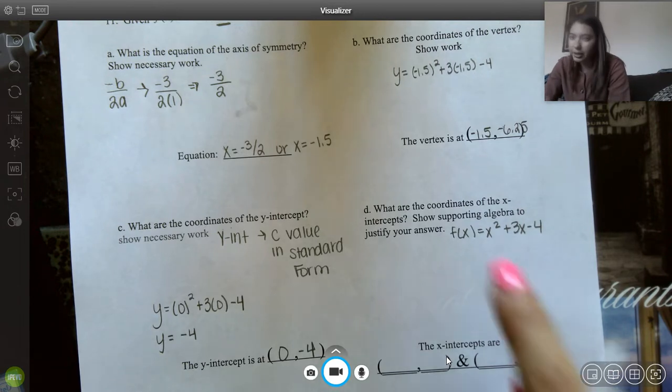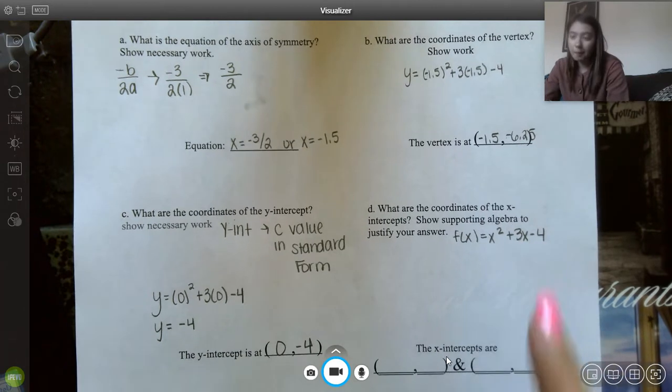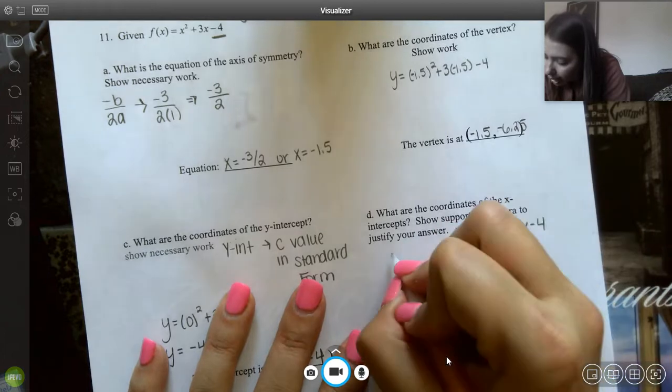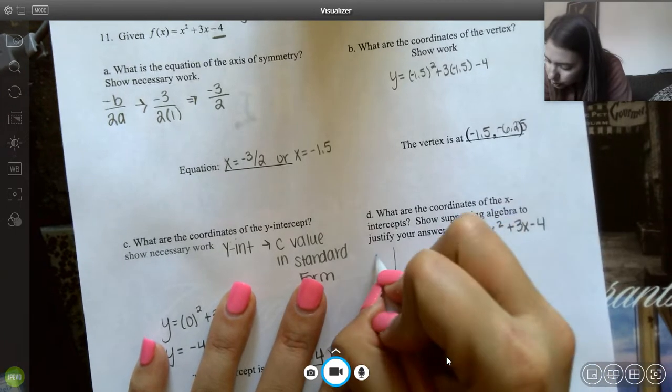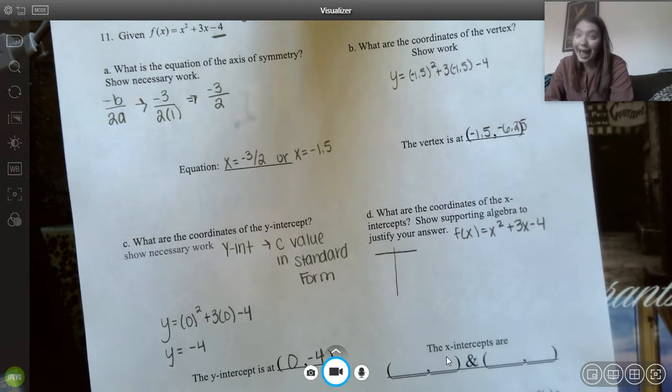It does not look like we could solve by square roots because we do have a b term. So the best method, probably the best practice, is to try and factor it. And if that doesn't work out, then you can use the quadratic formula. Okay? So our job is to find two numbers that multiply to negative 4 and add to positive 3.